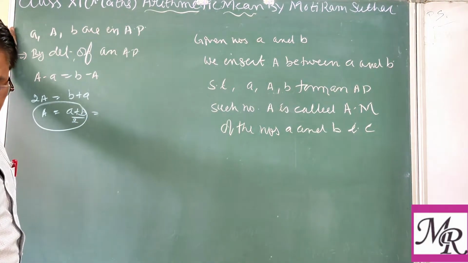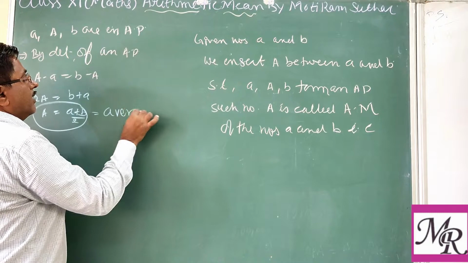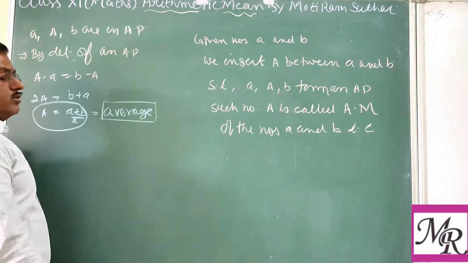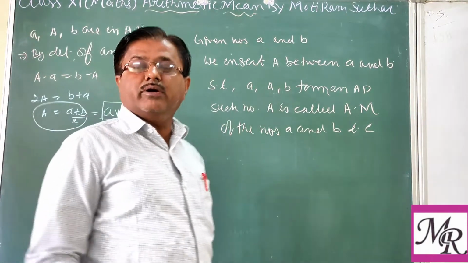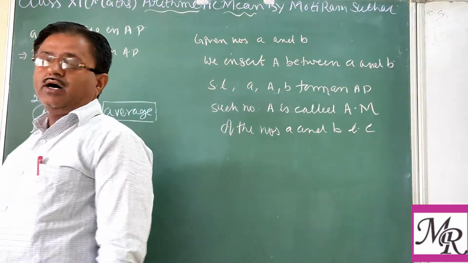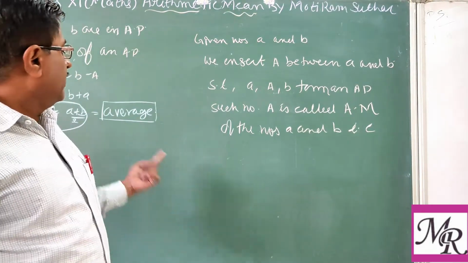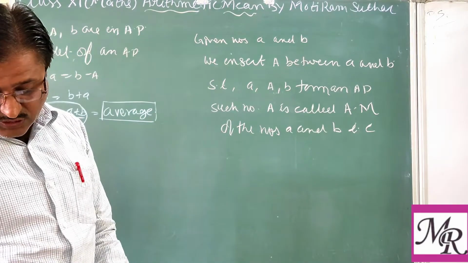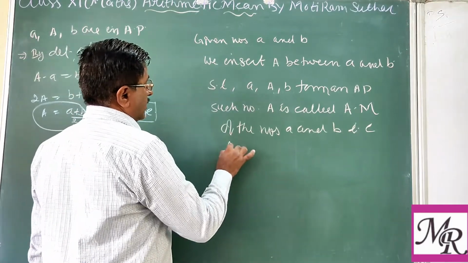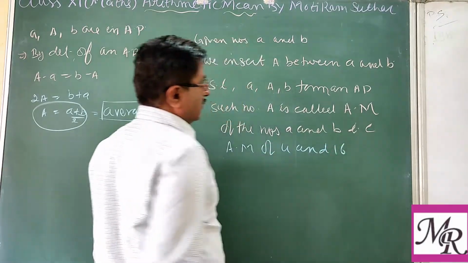In lower classes you see average. This is also sometimes called the average of the numbers. So the arithmetic mean is equal to the average of the numbers if two numbers are there. Clear? This is the simple way to find the arithmetic mean between two numbers: add the numbers and divide by 2. Suppose you are asked to find the arithmetic mean of 4 and 16.